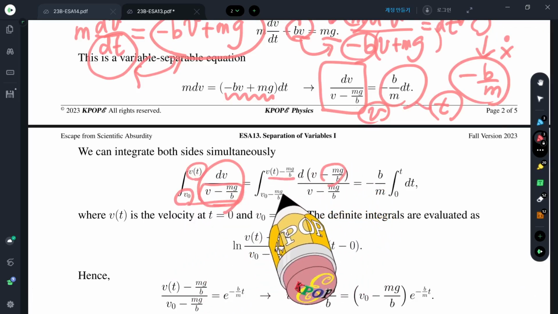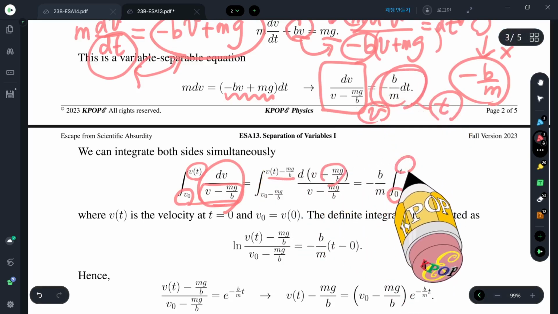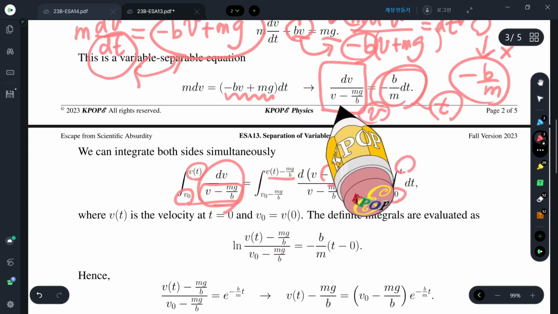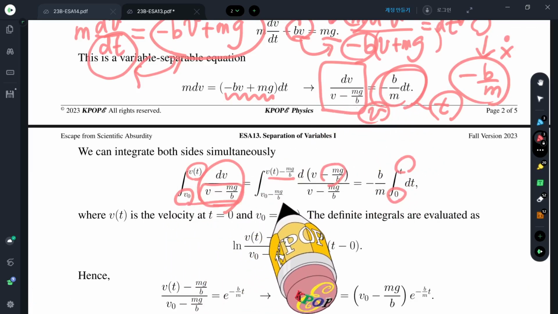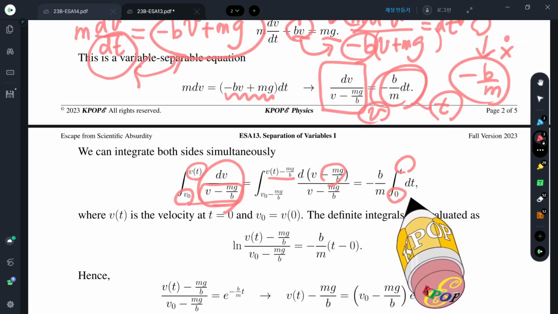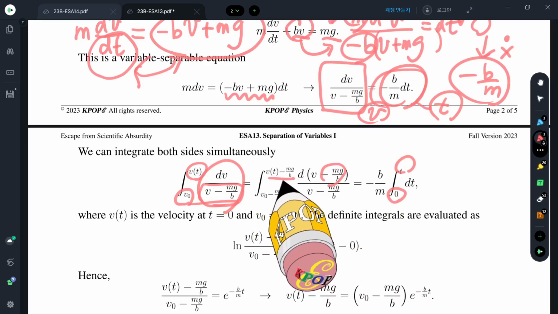And then on the right hand side, the integral is from 0 to t. So on the left hand side, the integral is over v minus mg over b, evaluated at t equals 0 and evaluated at general t.